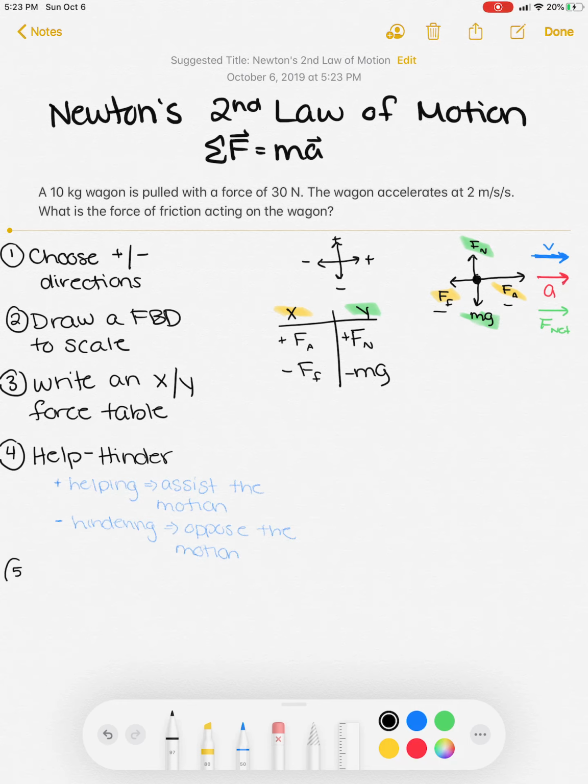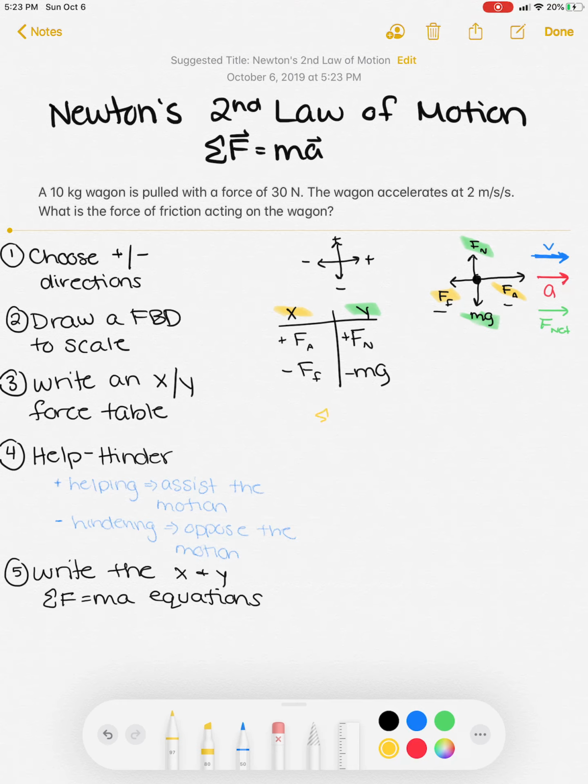Then our fifth step is going to be to write the x and y F equals ma equations. And this is really very simple. But remember, when we break things down into x and y dimensions, the x's never go with the y's.